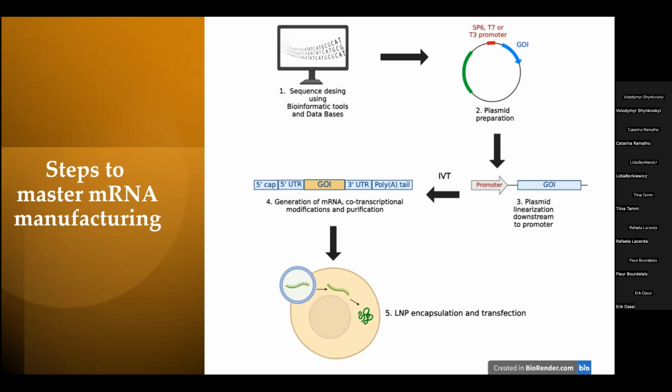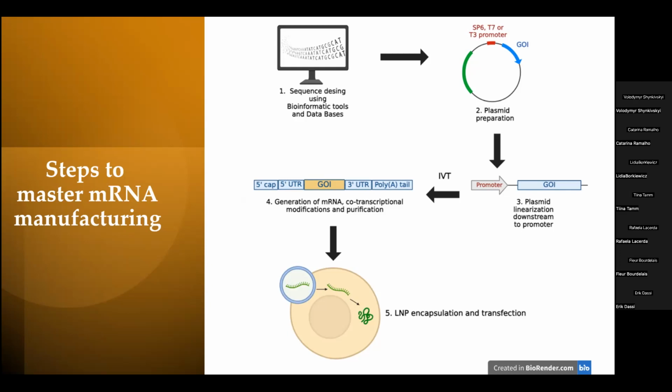And also we must take into consideration optimizing the codon sequence that will be translated to the respective amino acids according to the host cells that we will use later in the mRNA transfection step. So we must consider if there will be mouse cell lines or in vivo in mice, or if there will be transfection in human derived cell lines.